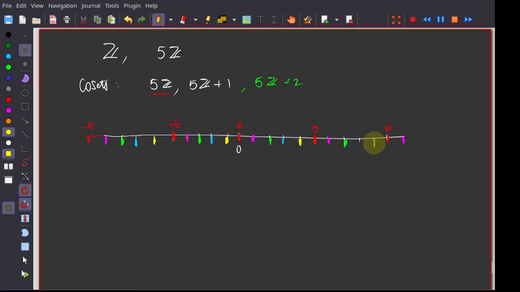So basically all possible remainders of 5 are going to give me the different cosets. Or in particular, they're not cosets, but shifts by the various remainders of 5 are going to give me the different cosets.